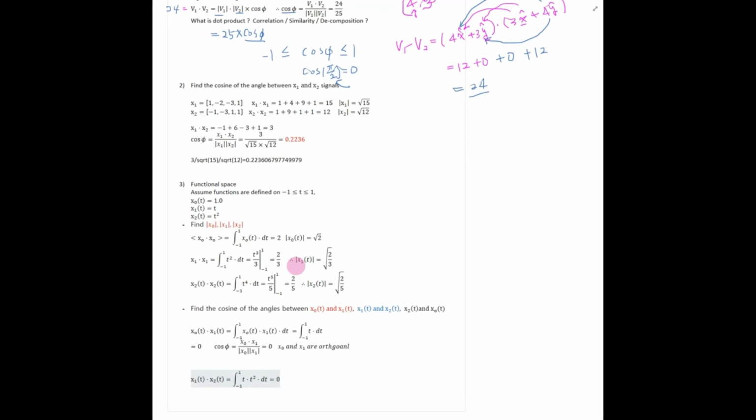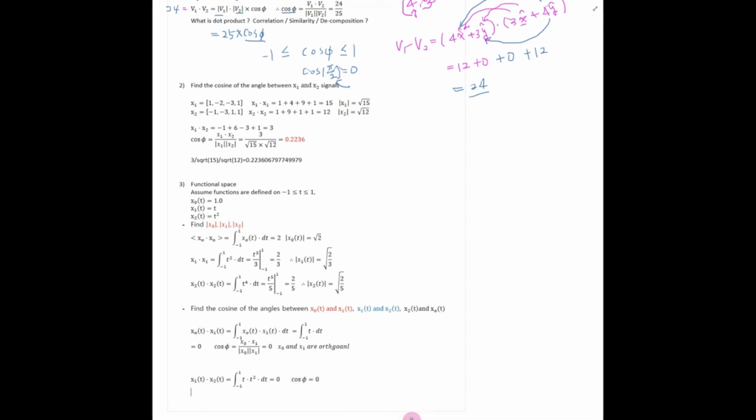This is also 0, because it is an odd function. In a similar way, this is also orthogonal, for the same reason.